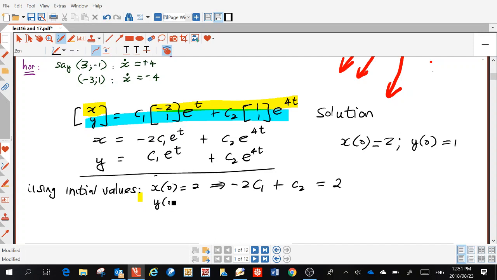And y of naught equals 1 implies, looking at the lower one, c1 plus c2 is 1. I can solve for c1 and c2 from this. Subtracting the two, minus 3c1 equals 1, which implies that c1 is equal to minus 1/3.